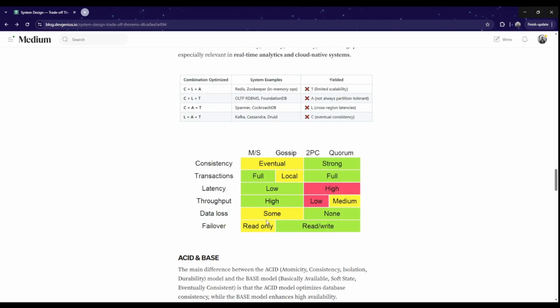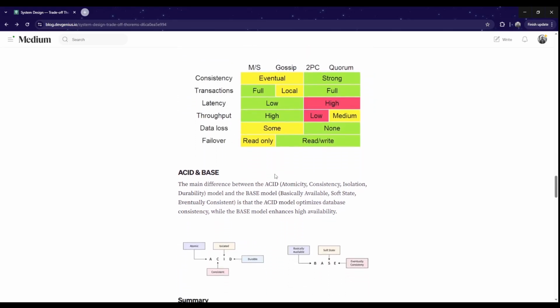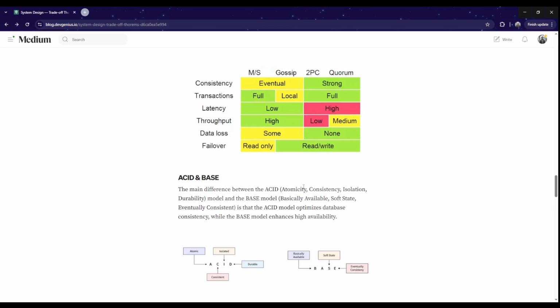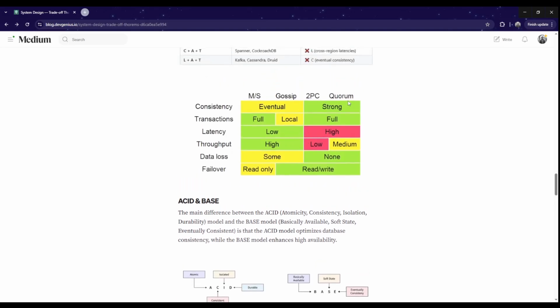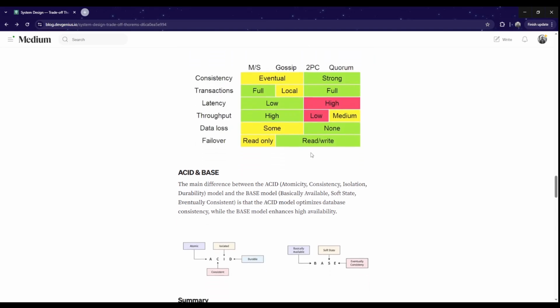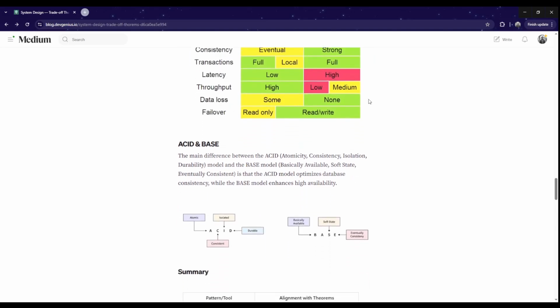So in case of gossip, we can have some data loss, but in quorum or two-phase commits, we don't have a chance of loss of data. And for failover, gossip, two-phase commit, and quorums do support read-write failures, while others only support read-only.